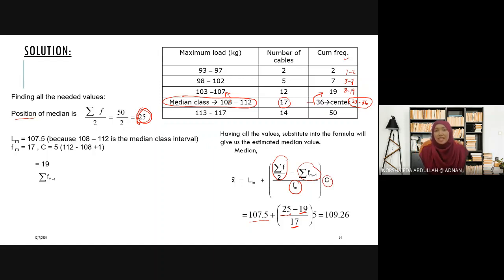C is the size of the median class. To find the class size, we take the upper boundary minus the lower boundary of the median class. So the upper boundary is 112.5 minus the lower boundary 107.5.